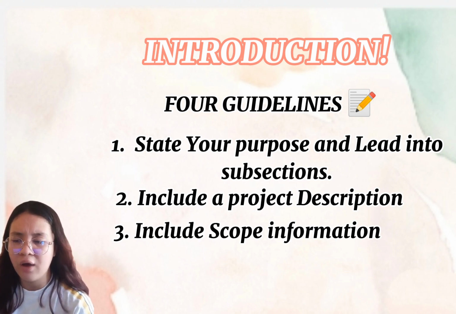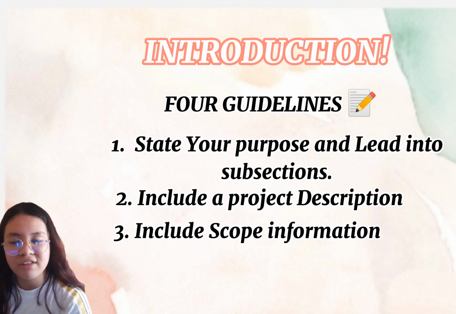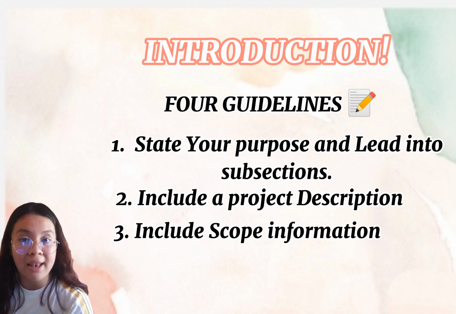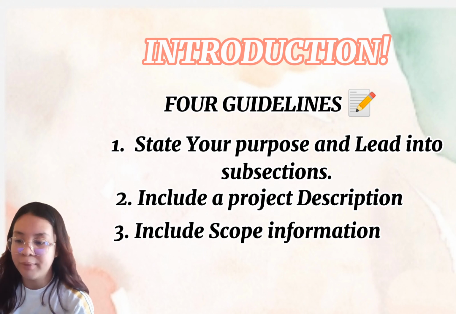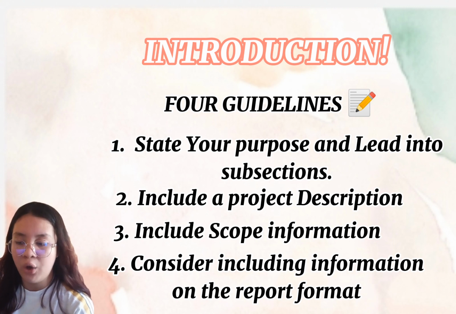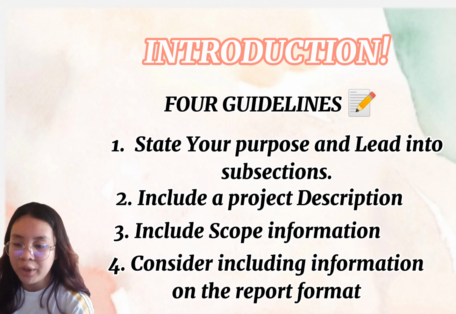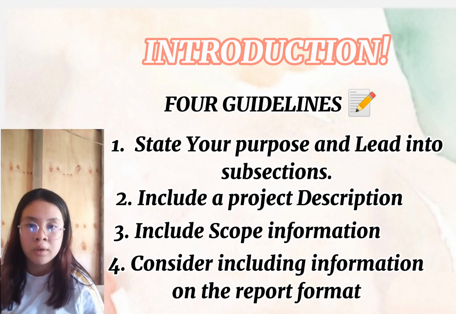This section outlines the precise objective of the study. Your listing or description should parallel the order of the information presented in the body of the report. And the last one is consider the information to include. In a report, we should consider what information we are going to include.